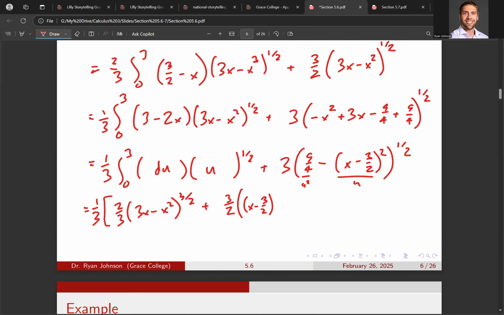So a is 3/2. So x minus 3/2 plus the square root of, wait, there's a minus in there. That's different. A squared minus u squared. Oh, it's arc sine. Okay, so we're still going fine.